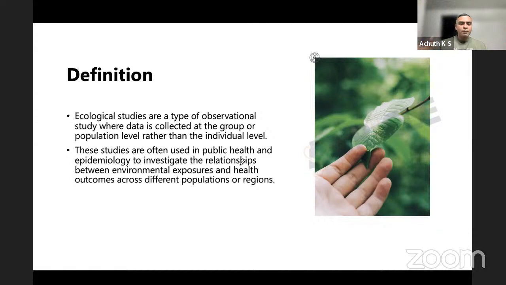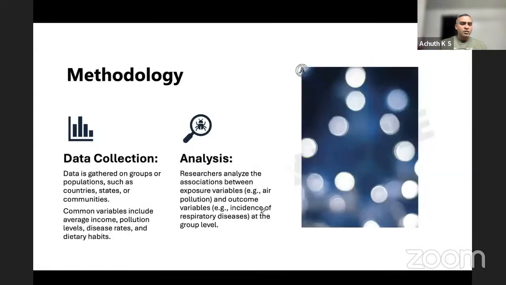That means different population groups. Okay, data collection is gathered on groups or populations such as countries and states in a bigger way. Okay, analysis: researchers analyze the association between exposure variable, that is air pollution, and outcome of the variable, that is number of respiratory diseases in the group.